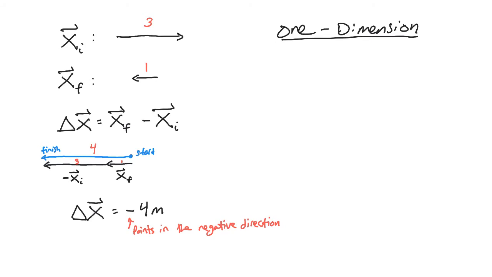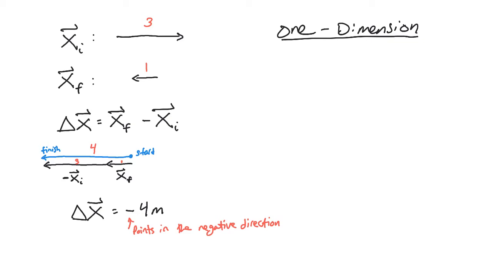Now that process that we just went through would also work for two-dimensional vectors. So maybe if one of these vectors over here was rotated in the second dimension, we would follow the same procedure. We would just subtract them like we've seen before with vector subtraction, and we'd draw a resultant vector, and it would end up being probably at some angle. Okay, we'll get there when we get to two-dimensional motion more specifically.